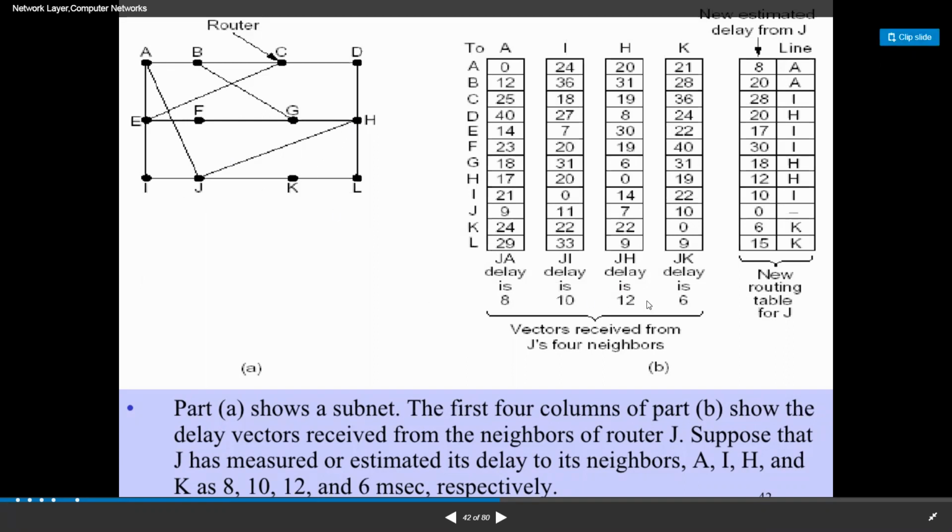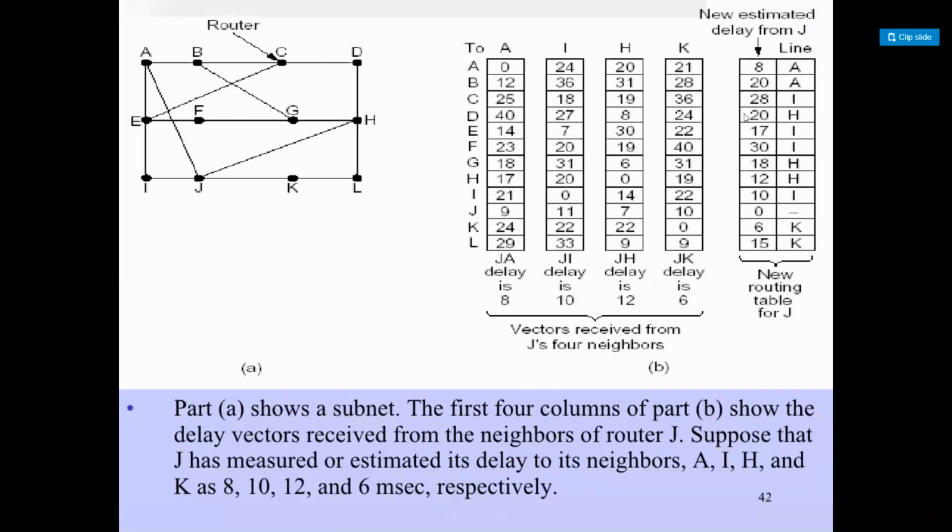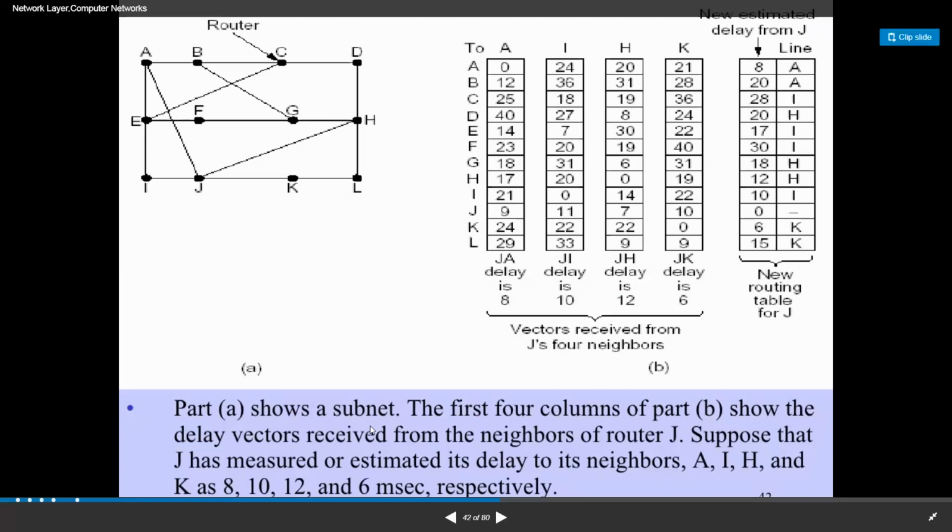Suppose that J has measured or estimated its delay to its neighbors. Here we need to measure. J has measured its estimated delay to its neighbors A, I, H, K: A is 8, I is 10, H is 12, and K is 6.